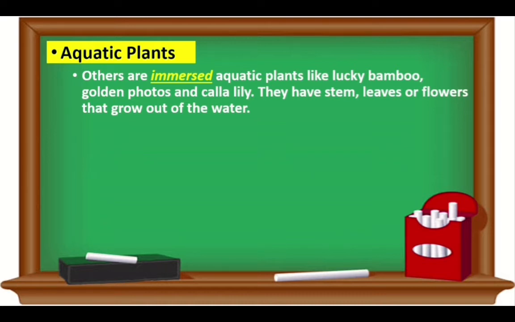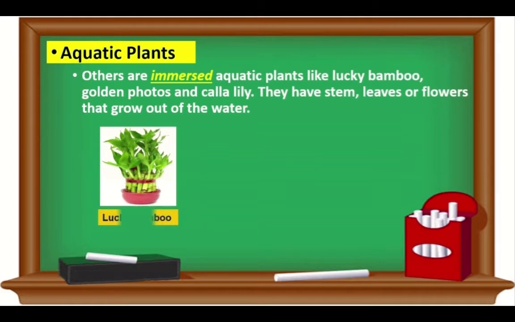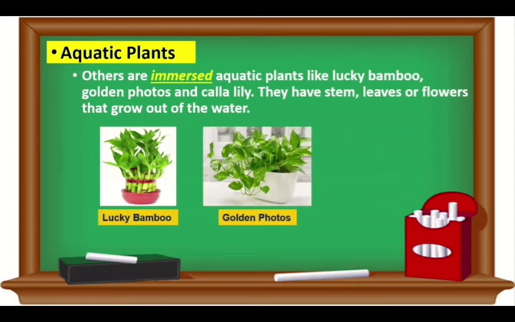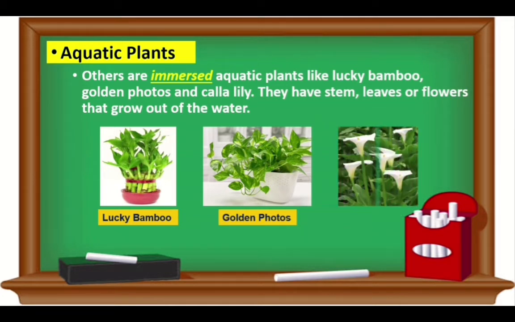They have stems, leaves, or flowers that grow out of the water. Okay, we have lucky bamboo, golden pothos, and calla lily.